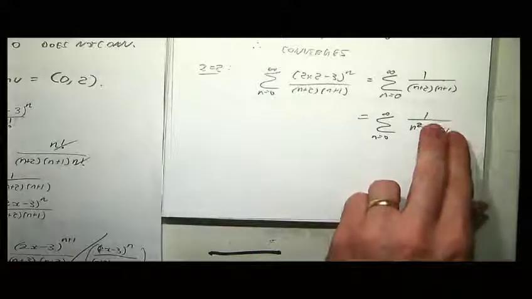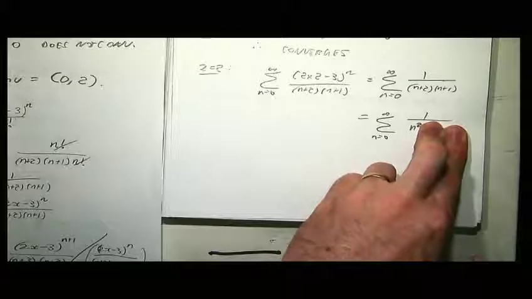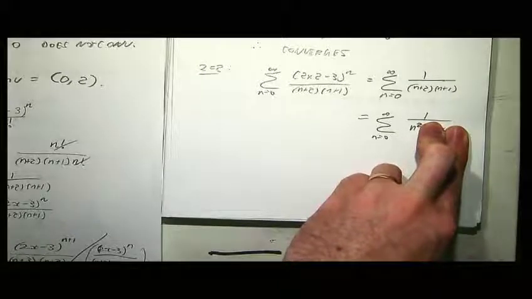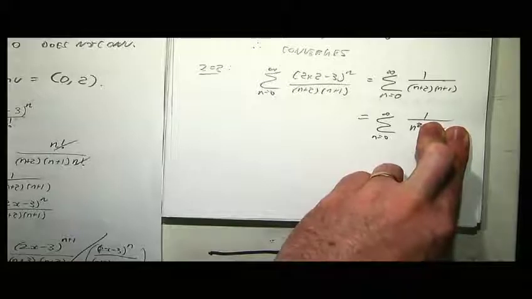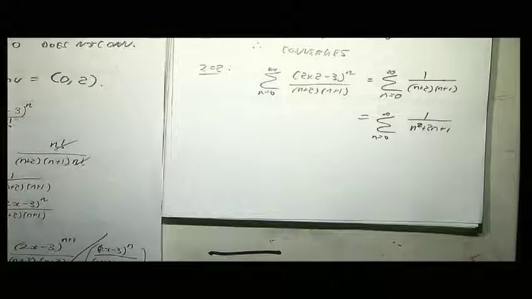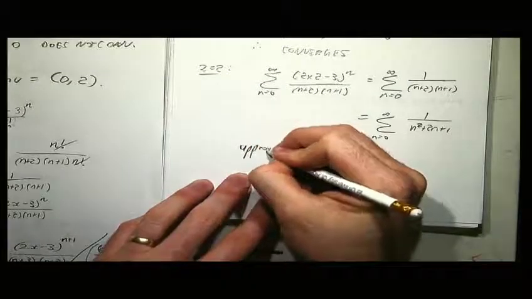If it was just 1 over n squared, that will converge. 1 over n to a power will converge if the power is more than 1. That's one of the things you're supposed to remember. So 1 over n squared will converge, and each of these terms is less than that because each of those numbers is bigger. So by comparison to 1 over n squared, it does converge because it's roughly equal to 1 over n squared.